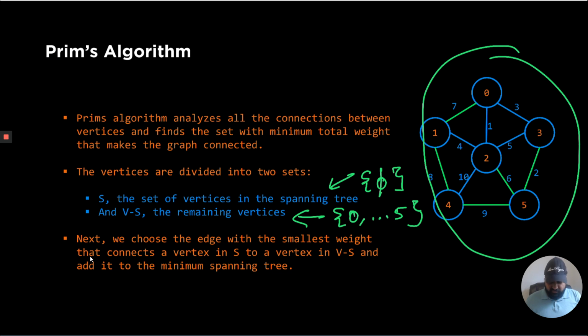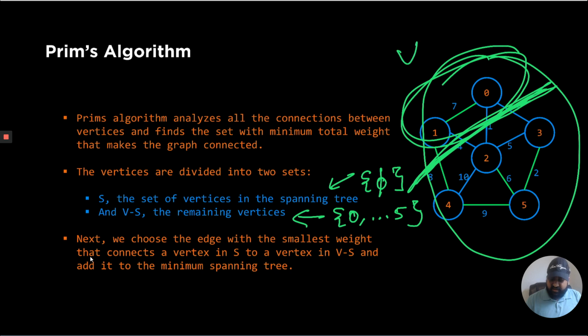Next, we choose the edge with the smallest weight which connects a vertex in set S to a vertex in set V minus S. So we are going to arbitrarily cut the graph into two different components. The first one will be all the vertices in the set S, and the other one will be all the vertices in set V minus S. Next, we are going to see what the edges are that connect these two sets.